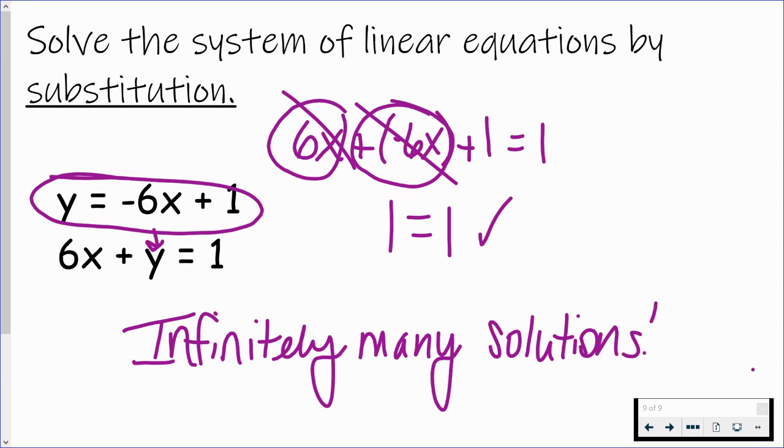And on a graph, what you would notice is that it's going to be the same exact identical line. So infinitely many solutions because it's the same line. So every ordered pair, they're going to share. And just keep in mind that if the variables cancel out and you're left with 2 different numbers, or not a true statement, then that would be a no solution.